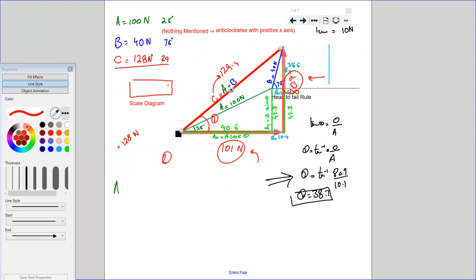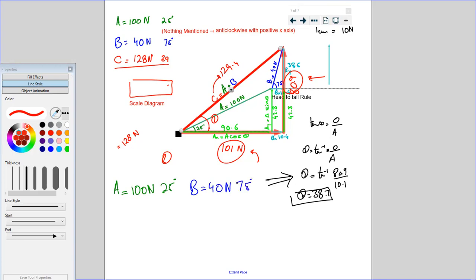We have A as 100 Newton at 25 degrees, and we have B that is 40 Newton at 75 degrees. So what is the first step?